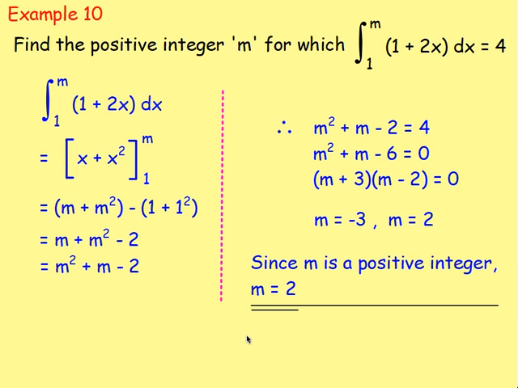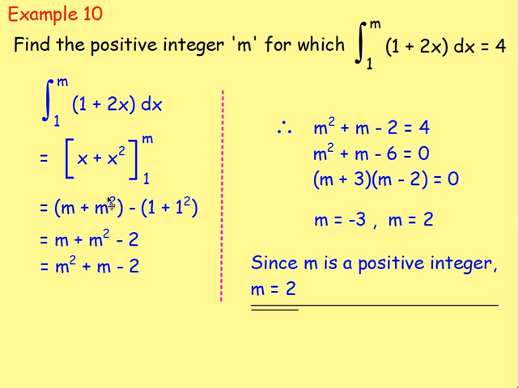This may be worded a slightly different way, so this time it's saying what's the value of m when you integrate and you sub in your limits, and then the answer is 4. So this one is not saying to work out what the area is, it's telling you the answer when you integrate that and you sub these in, you get 4. So to work out m, we'll just start it off the same way. You know you integrate between m and 1. So if you integrate this, you get x plus x squared.